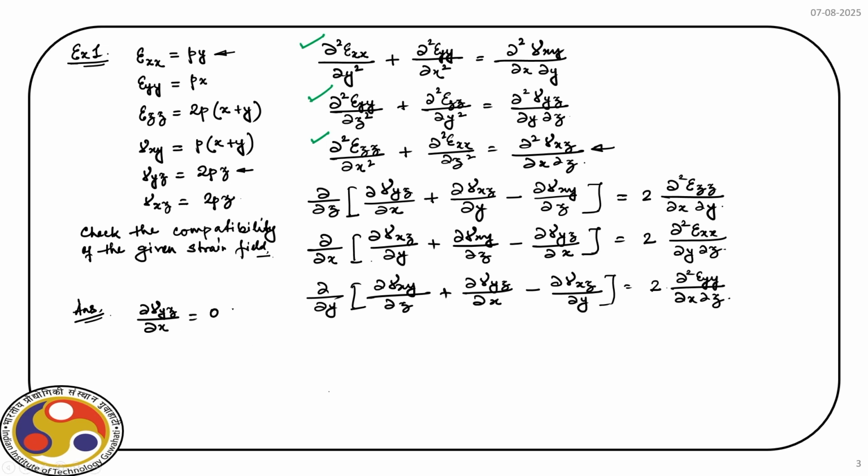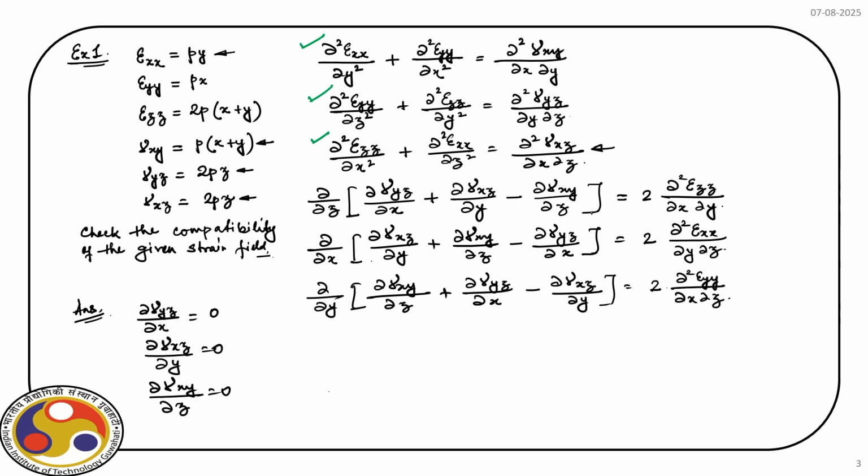Next is gamma xz, that if we differentiate with respect to y, obviously it is 0, because gamma xz is not a function of y. Last quantity, gamma xy, we have to differentiate with respect to z. Again, it is not a function of z, so gamma xy differentiated with respect to z is 0.